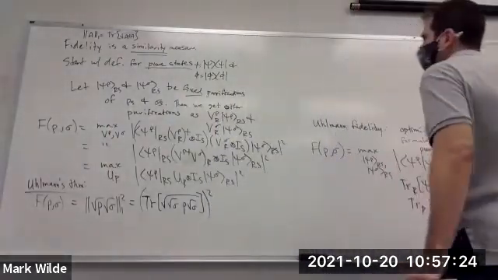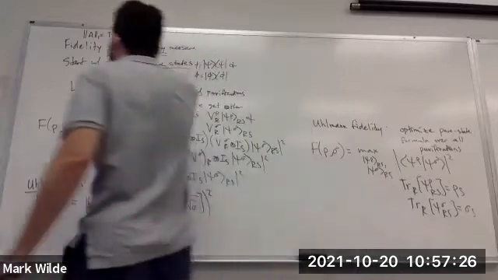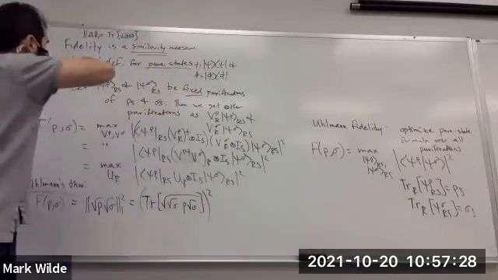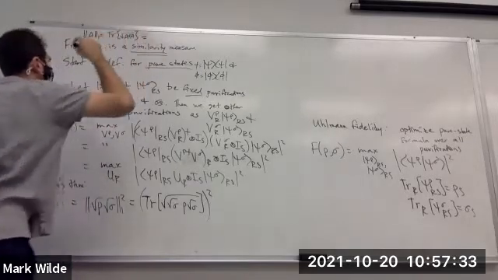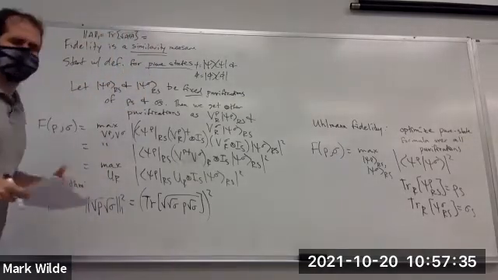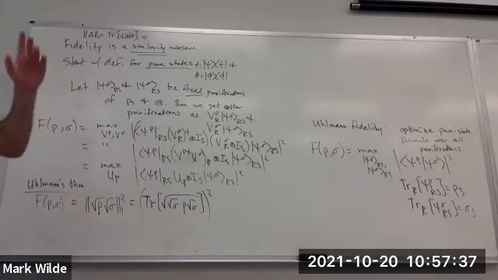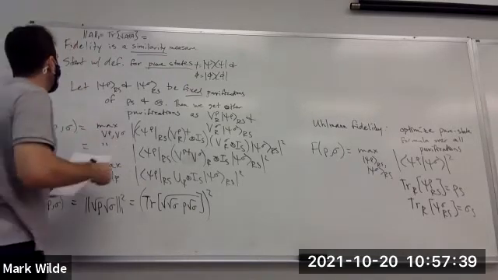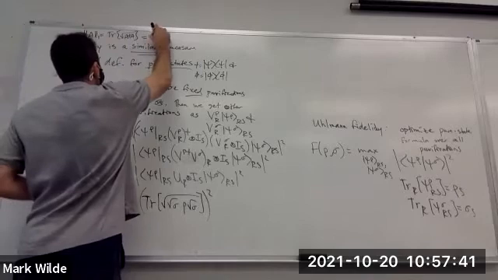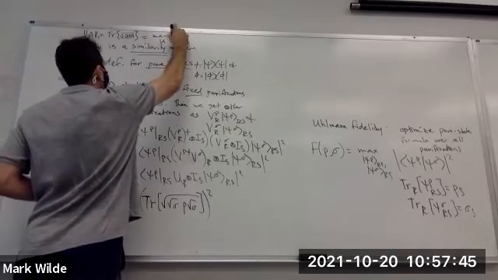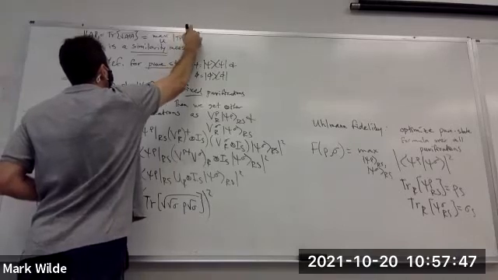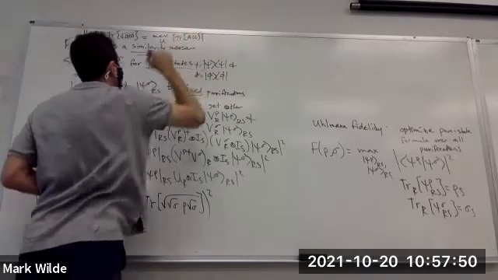Okay, so to prove this, let's recall a fact from the mathematical preliminaries. I don't think we proved this, but you can prove it using singular value decomposition. Okay, so we're just going to state the fact. For A a square matrix, the trace norm can be calculated as the maximum of the absolute value of the trace of AU over all unitaries U. Right?